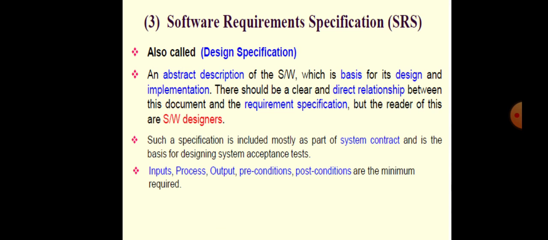There should be a clear and direct relationship between this document and the requirement specification, but the readers of this are software designers. Such a specification is included mostly as part of the system contract and is the basis for designing system acceptance tests. Input, process, output, preconditions, postconditions are the minimum required.